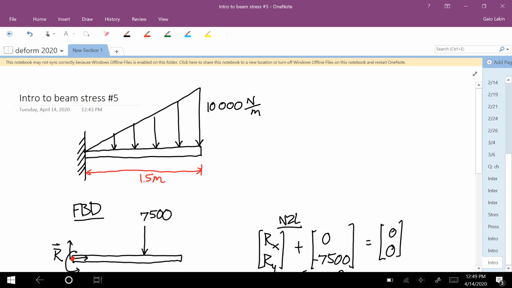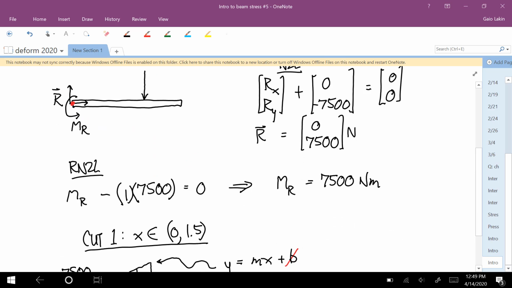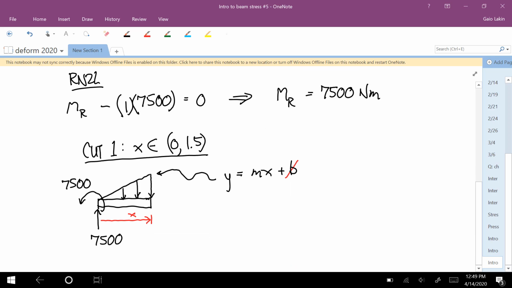So what's that going to be? 10,000 divided by 1.5, 6,666 and 6 repeating. So this function, which is our q, is 6,667, I'll round it, x plus 0. And then we have the internal loads, T, V, and M.